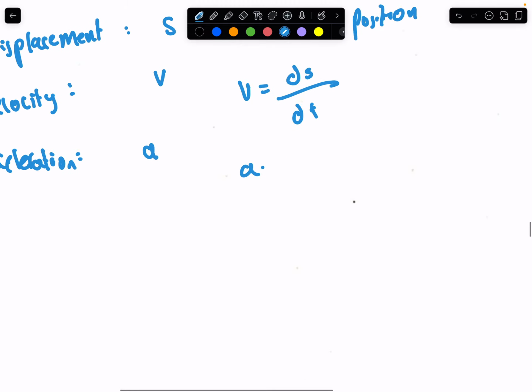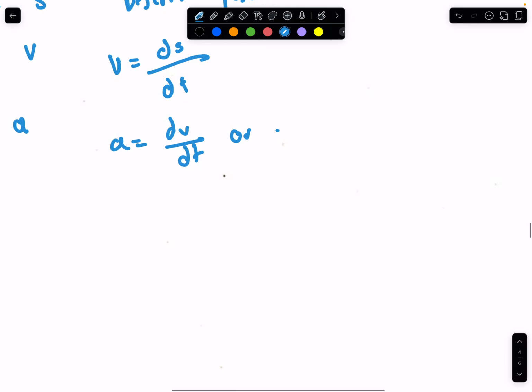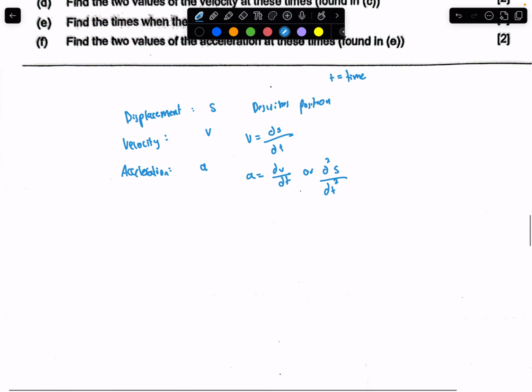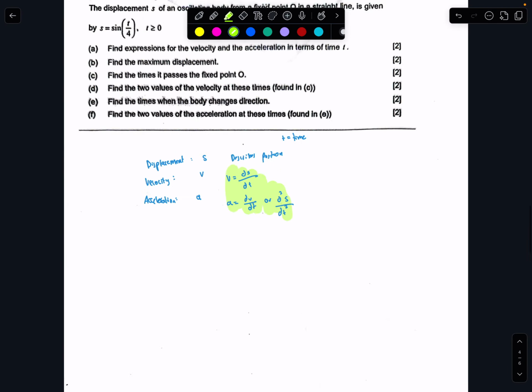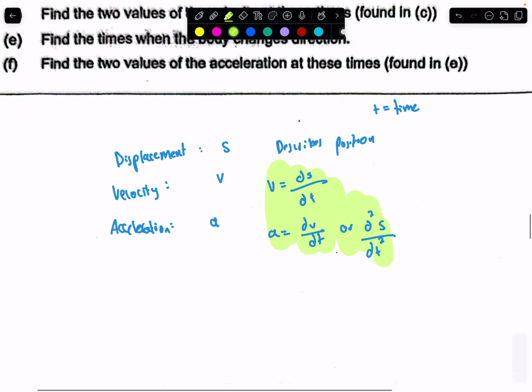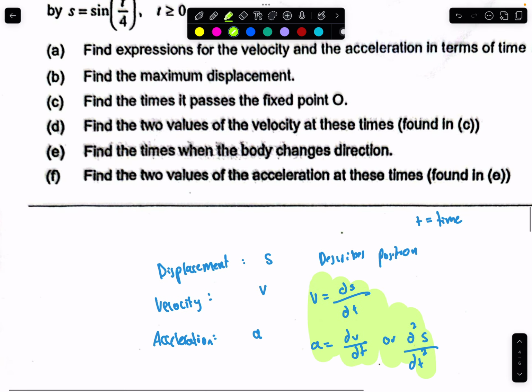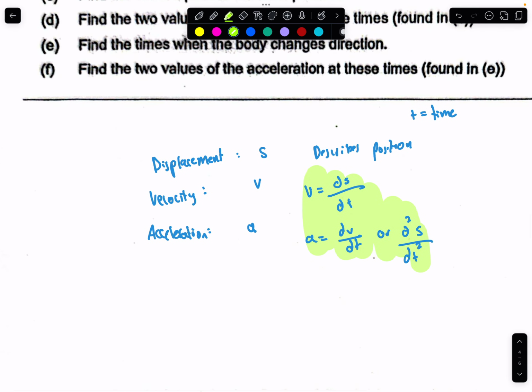A is equal to dv/dt, or d squared s over dt squared. We're going to use these in the question above, but just note that these are important for solving any type of kinematics question.